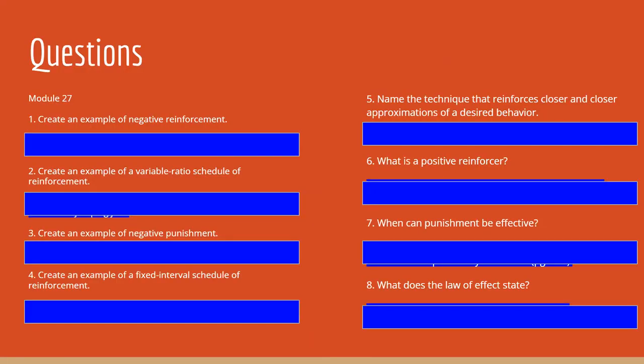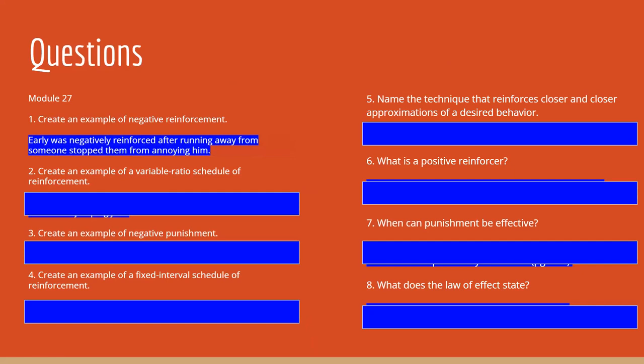Let's do some questions here. Create an example of negative reinforcement. Remember, that is something that's meant to strengthen a behavior, but it strengthens it by making something stop. If it makes it stop, that strengthens the behavior. Early was negatively reinforced after running away from someone who stopped annoying him.